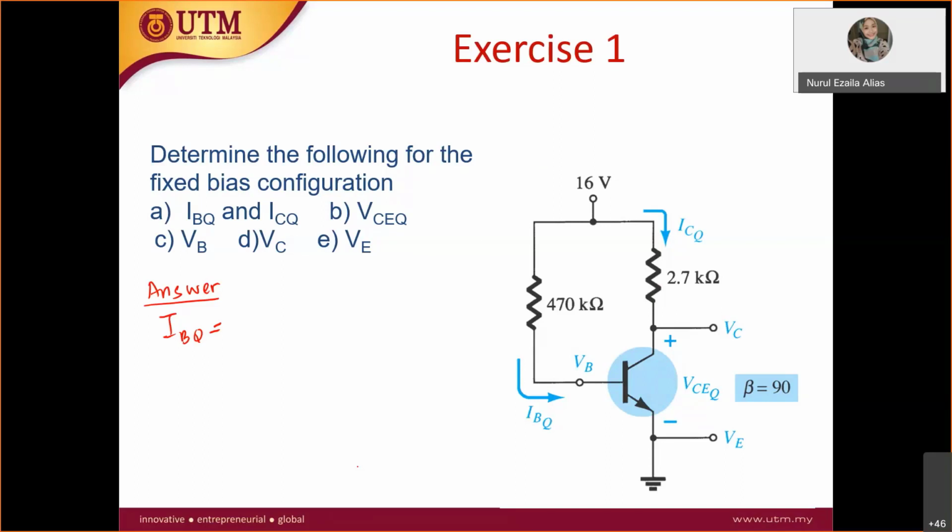You should be able to do this. Madam, I get 3.26 times 10 to the power of -5. Thank you. 3.26 times 10 to the power of -5 ampere. All right. So ICQ is equal to beta IB. How much? 2.93 milliampere. All right. Great.